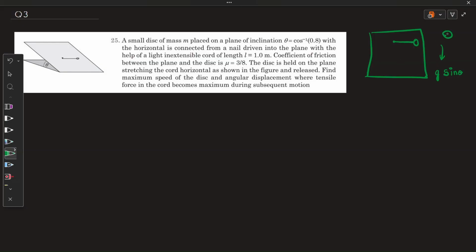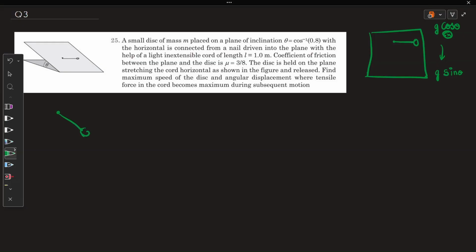Now into the plane, what I am seeing is g cos theta. Now this force of friction would be always acting in the direction opposite to the velocity. Correct. So we can't mark a complete direction for friction, we can mark it only at a particular instant. As the direction of friction keeps changing, work power energy is an efficient way to solve this problem. Let me tell why.